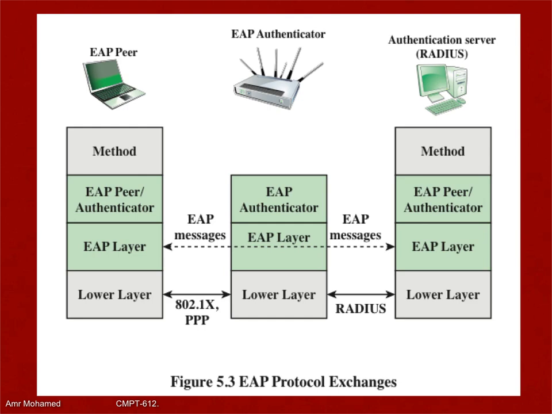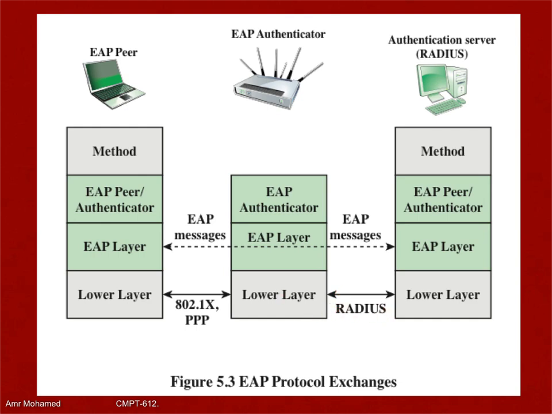As we said, you have the EAP header and you have the 802.1X header. The 802.1X header acts as a point-to-point data link layer protocol which tunnels these messages to the authenticator. The authenticator then has to decapsulate the 802.1X header, process that header, and then encapsulate the messages again using the RADIUS protocol.